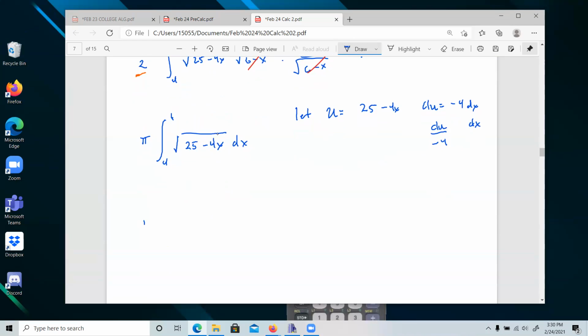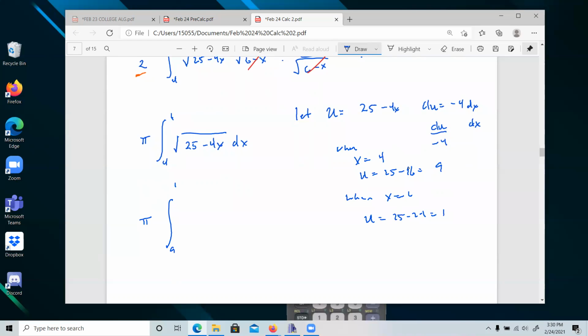Okay, so substituting, we're going to have negative. Oh, when x equals 4, u is equal to 25 minus 4 times 4, 16, which should be 9. When x equals 6, u is equal to 25 minus 24, which is equal to 1. All right, so we have 9 to 1.